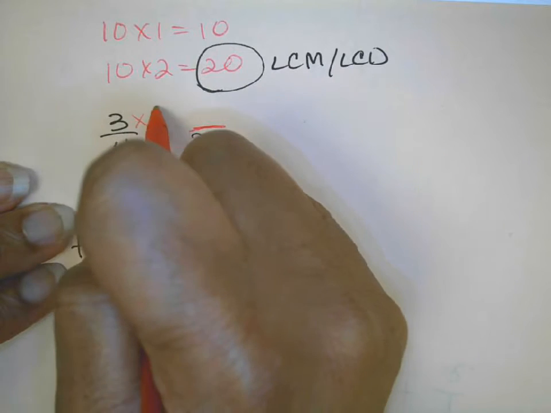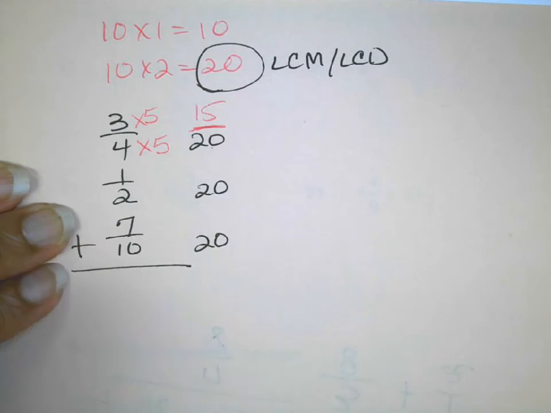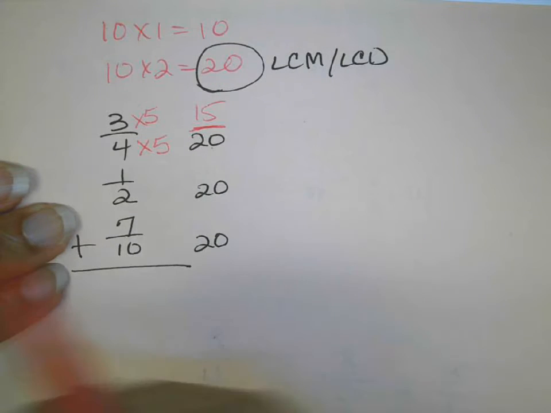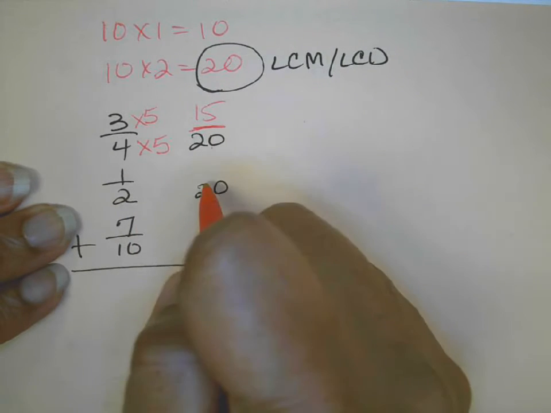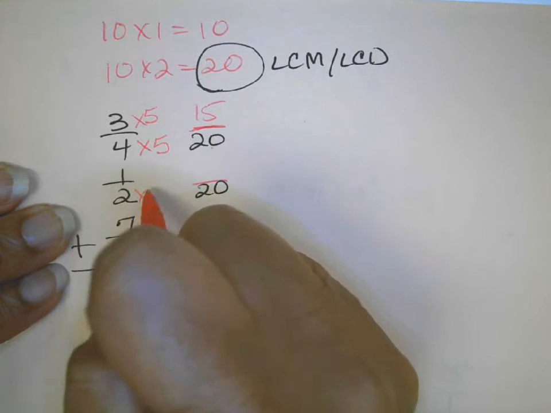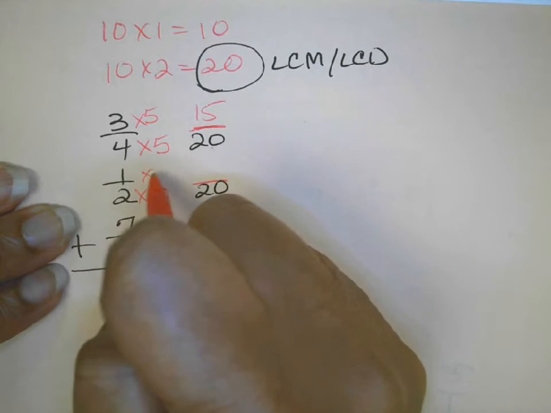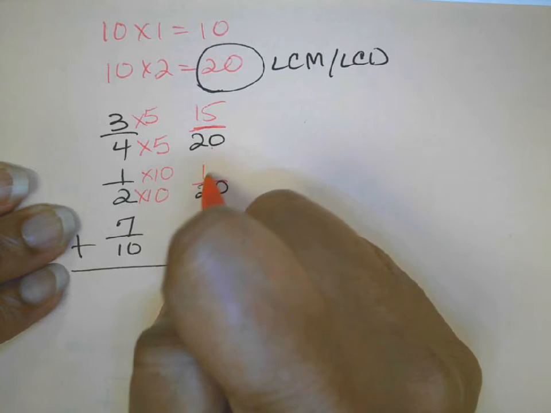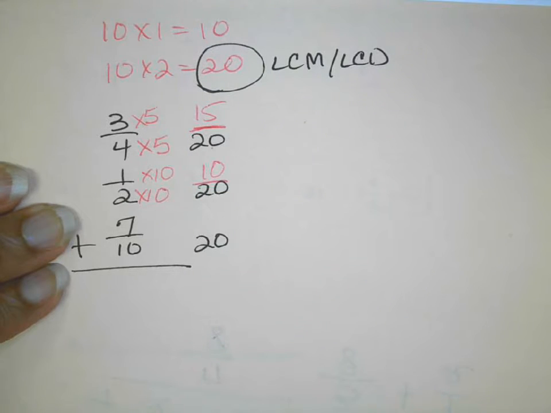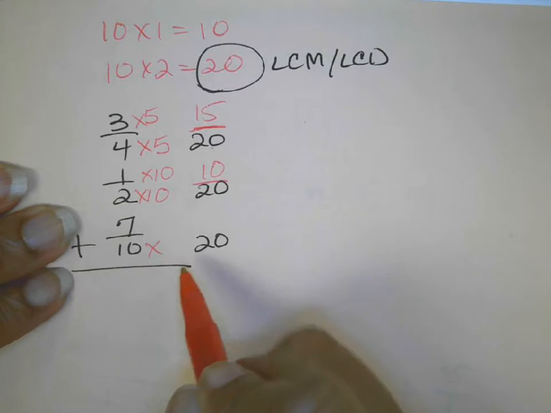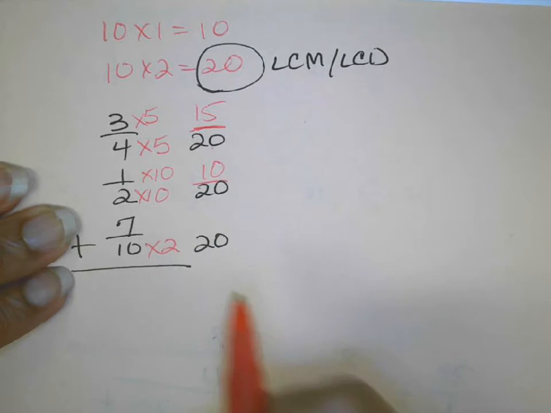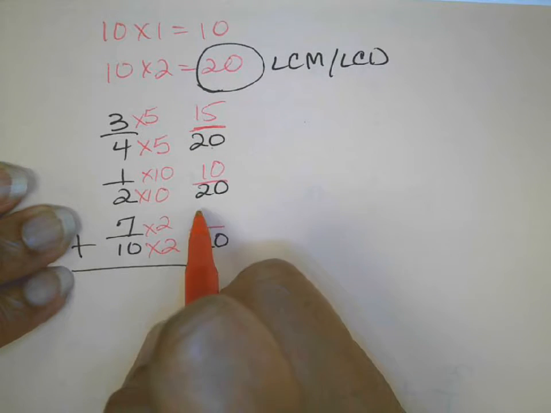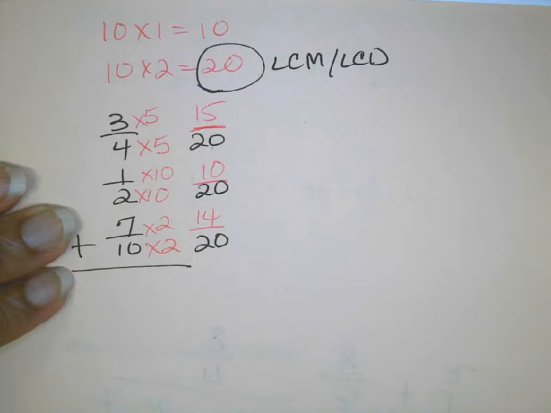I have to multiply by 5 on the top to get 15 over 20, equivalent to 3/4. Now, 2 times what gives me 20? 10. What I do to the bottom, I do to the top of the fraction to get the equivalent fraction. 1/2 equivalent fraction is 10 over 20. And what about 7/10? I'm going to multiply by 2 to get 20. So this becomes 14 over 20 for the equivalent fraction of 7/10.